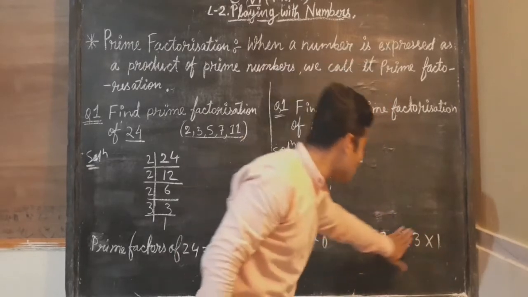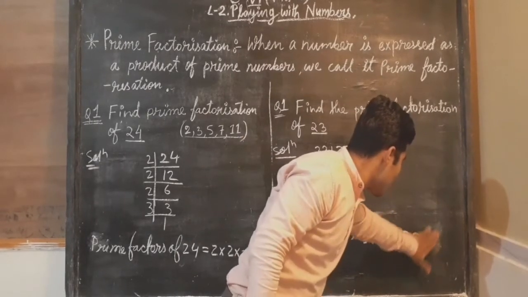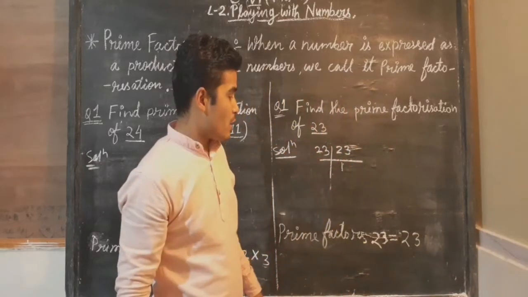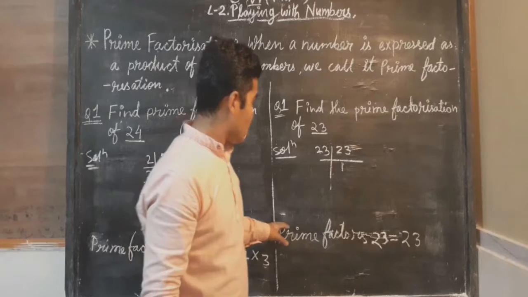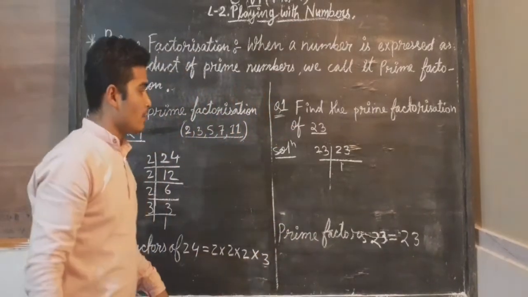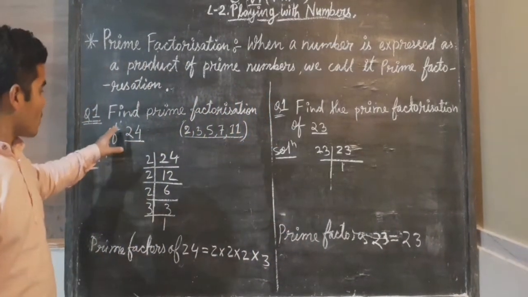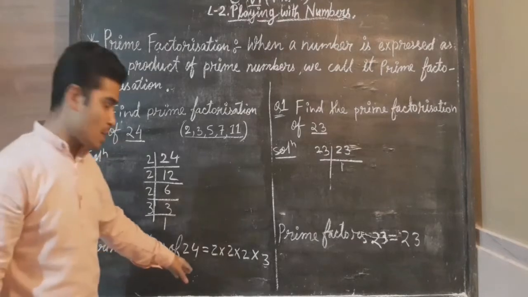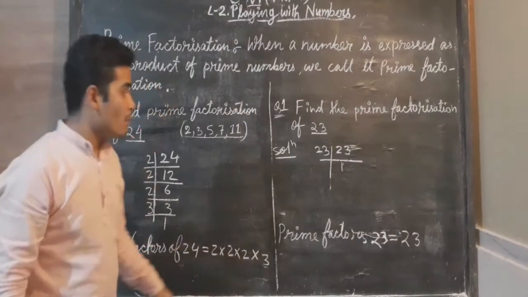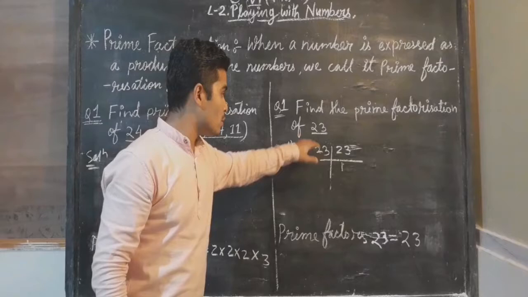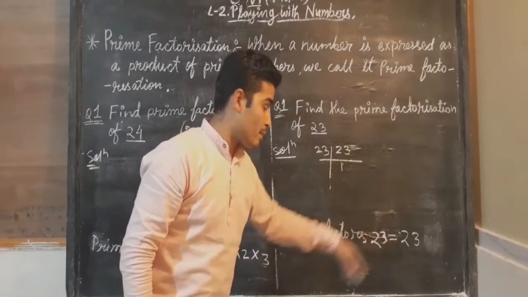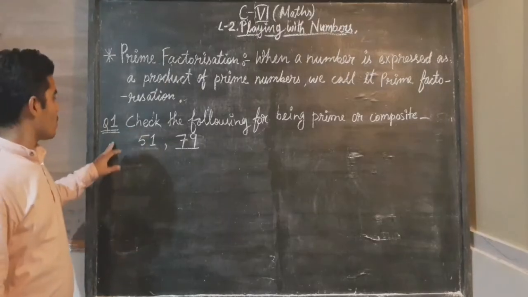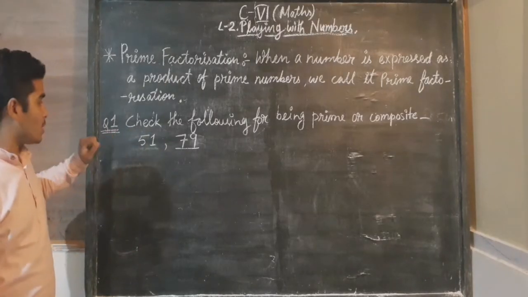So prime numbers cannot be expressed as the product of prime factors. So now it is clear that any composite number can be expressed as the product of prime factors, but any prime number cannot be expressed as the product of prime factors.